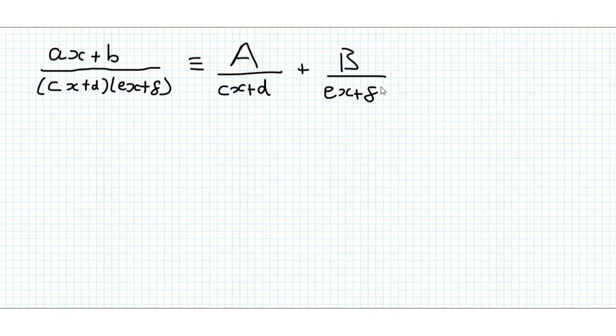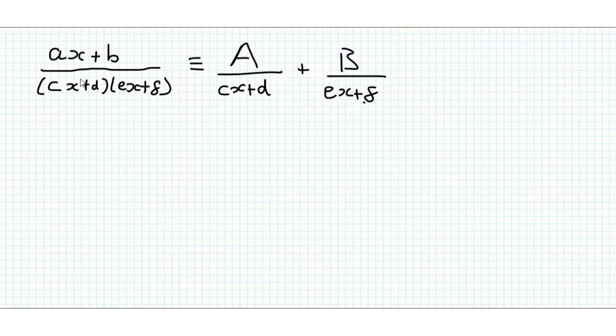And the reason this works is if we were going to add these up and cross multiply, we'd get A multiplied by ex plus f plus B multiplied by cx plus d over cx plus d times ex plus f. But then, to find our A and B, we have to solve for A multiplied by ex plus f plus B multiplied by cx plus d is equal to ax plus b.